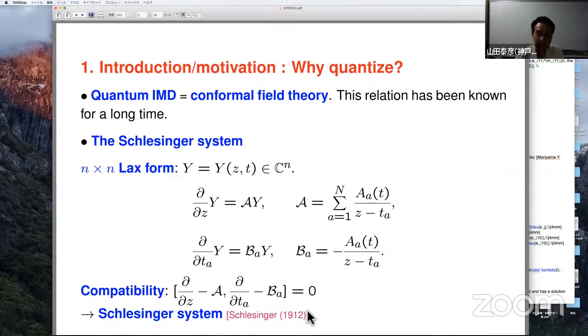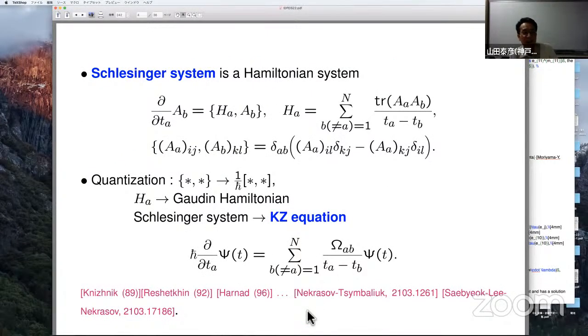And it is known that this Schlesinger system is given by a Hamiltonian system, where the Hamiltonian is given in this form, and the Poisson bracket is written in this way. So this is nothing but the Poisson limit of the commutation relation between the matrix units.